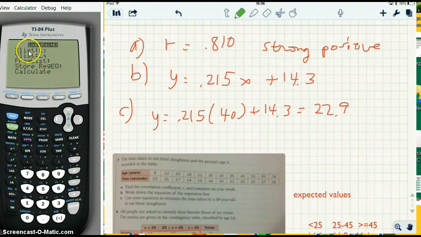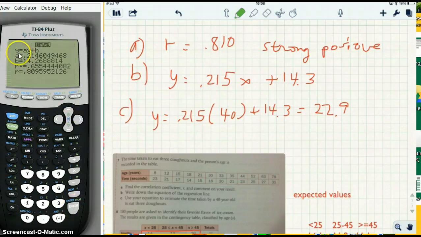And so in here you're going to specify L3 and L4 because we didn't put our x's in L1. We didn't put our y's in L2. We put the x's, or the first row, in L3. We put the y's, or the second row, into L4, so we need to change it to L3 and L4. You do that with second L3, second L4. I already did that. Then we go down to calculate, and we press calculate.